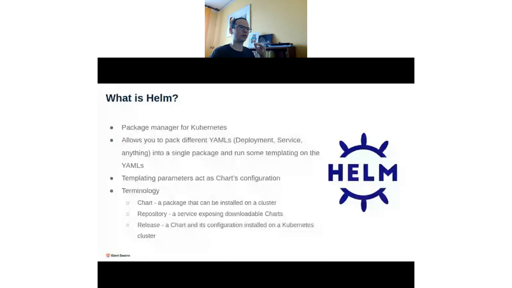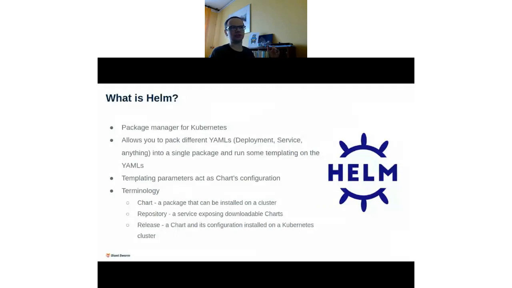Just before we move on, let me introduce three terminology words from Helm, because they have their own naming and it's hard to avoid them. Just very briefly, what Helm means by a chart is a package that can be installed to a cluster. So what you have packaged, your YAMLs, your templates packed into a single file, is called a chart in Helm.